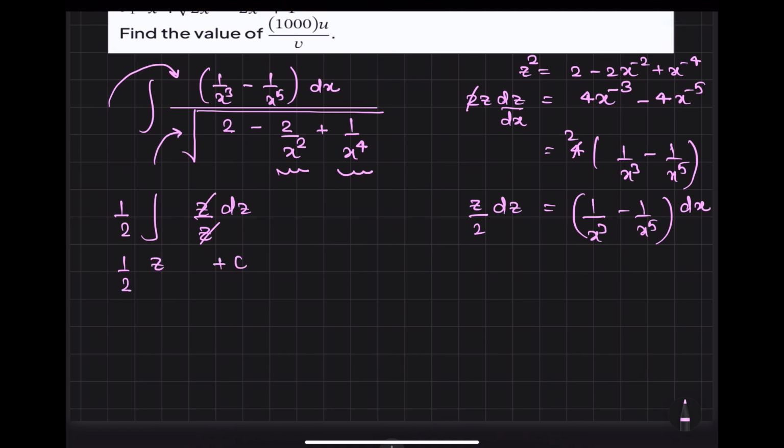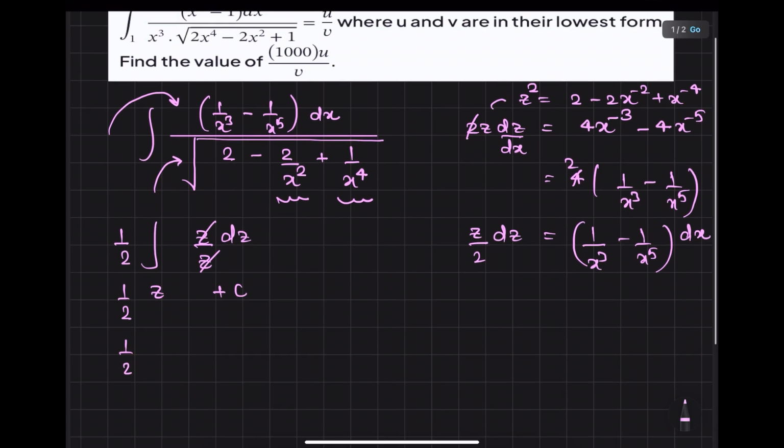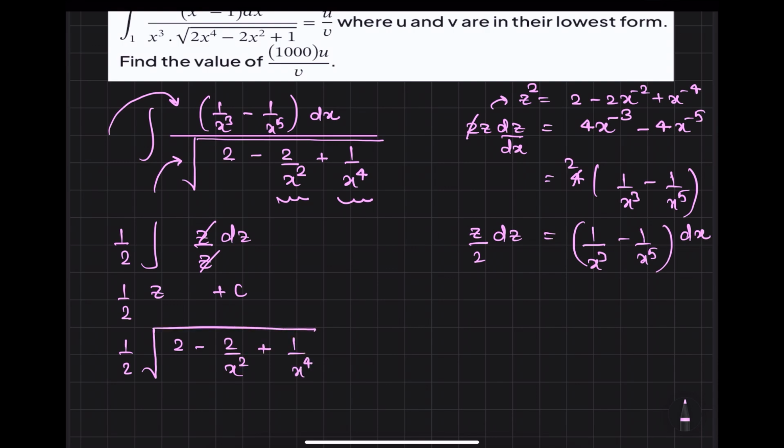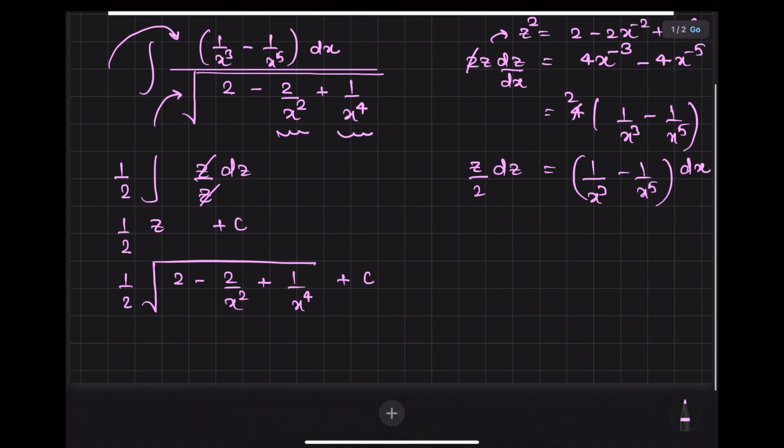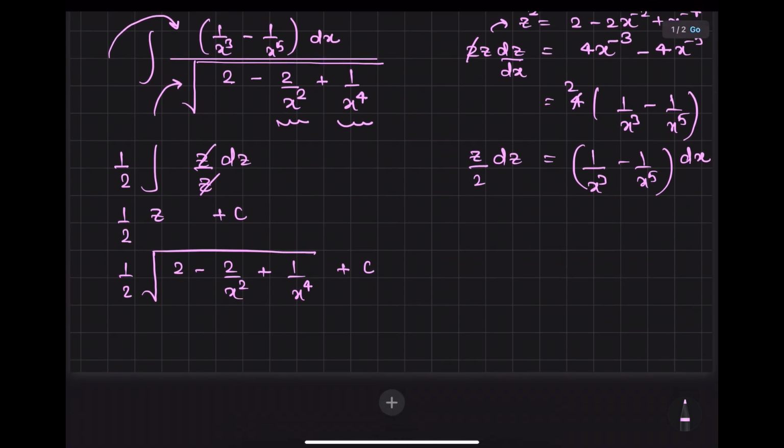Now who is z? Z is this ugly thing. So can I write root over 2 minus 2 by x square plus 1 by x power 4 plus integration constant c. Let's do a little bit more simplification.